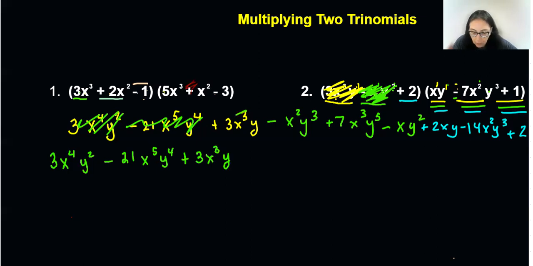Gone. Now x squared y cubed. I got this and I've got this. I don't see any other ones. So negative 1 and negative 14 is negative 15 x squared y cubed. Gone. Now x cubed y to the fifth, I don't see any of those, so we're just going to bring it down.